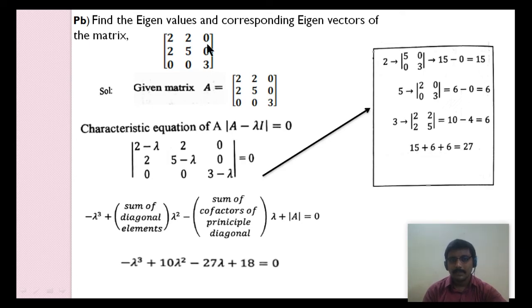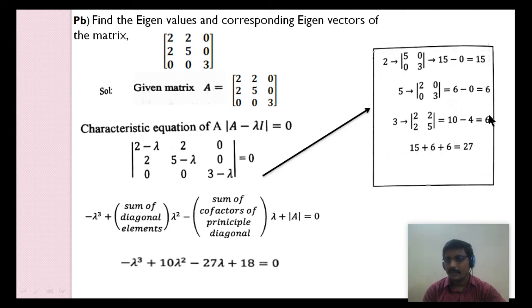Now the last principal diagonal element is 3. Delete the row and column corresponding to 3. We will have a submatrix 2, 2, 2, 5. Finding this determinant, we have 6, since for the matrix a, b, c, d the determinant is ad minus bc.